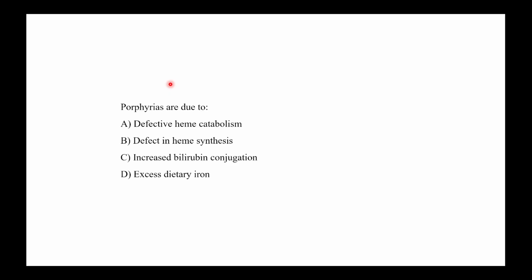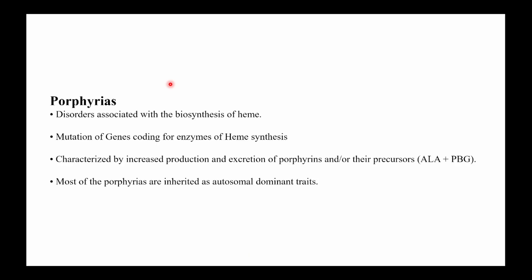So the correct answer is option B, defect in heme synthesis. Porphyrias are disorders associated with the biosynthesis of heme. We saw the heme synthesis pathway, right, starting from succinyl coenzyme A and glycine, and finally we get the product heme.